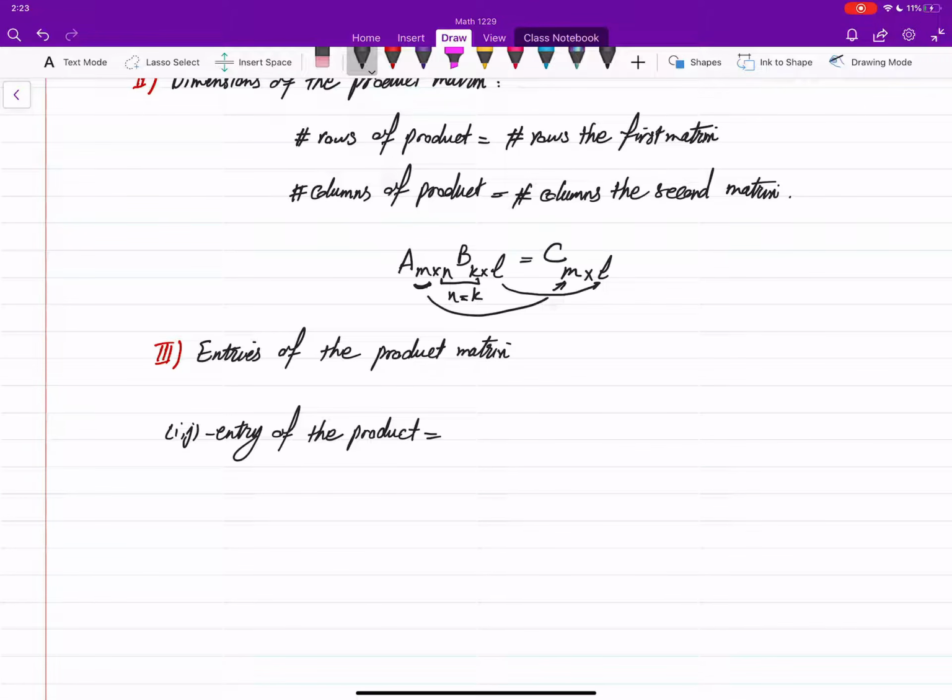Well, you pick the ith row of the first matrix, and you pick the jth column of the second one.